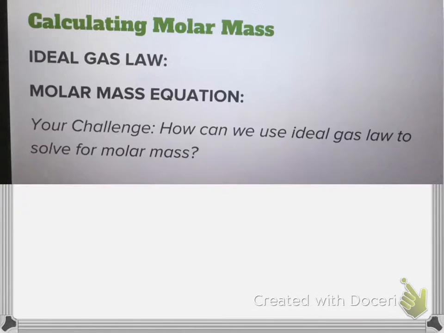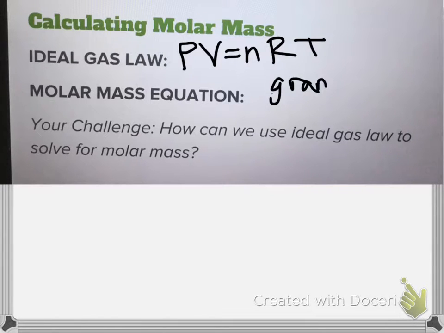Okay, our next question is, how can we incorporate molar mass in the ideal gas law? So how can we use the ideal gas law to solve for molar mass? So again, the ideal gas law is PV equals nRT, and the definition of molar mass is grams divided by moles.